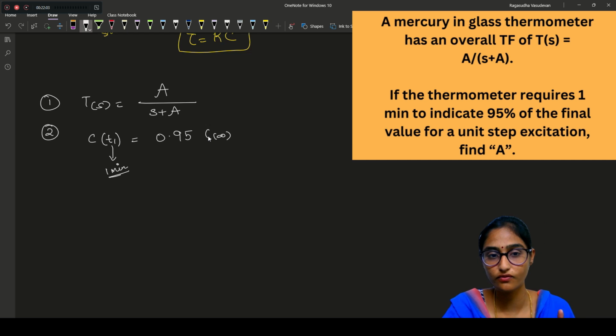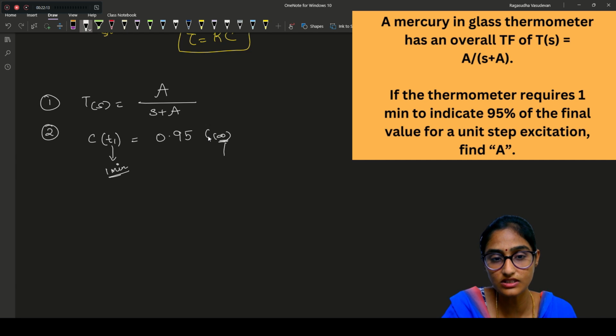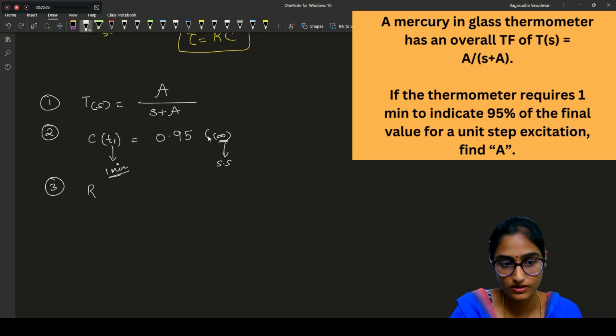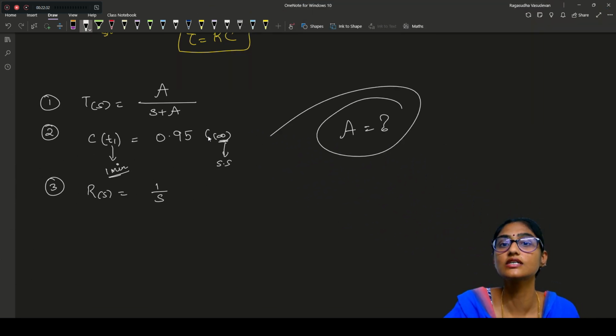The response at 1 minute will be 95 by 100, 0.95, times the response at steady state, that is at infinity. The excitation is a unit step, so R(s) = 1/s. We need to find the value of A for this system.